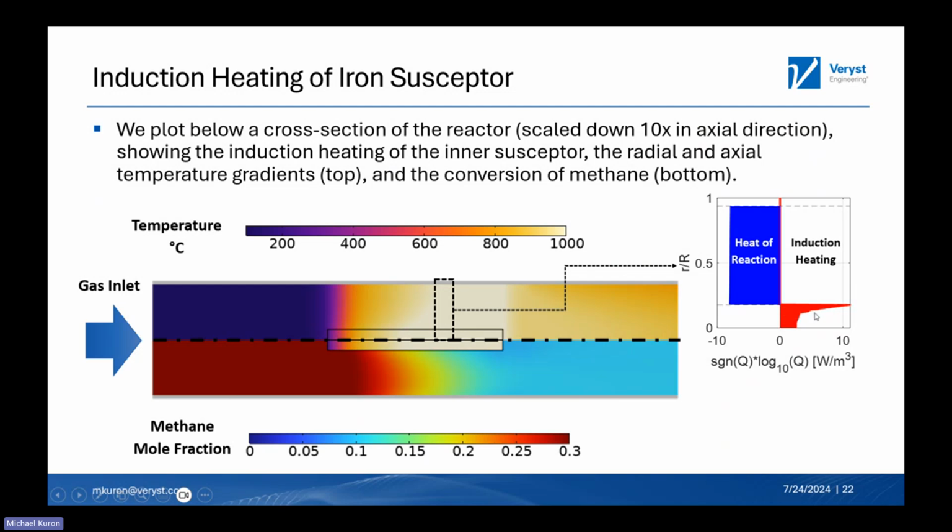So you have a sharp collection of the heat generation rate near the surface of the susceptor, and that balances the heat of reaction, which occurs distributed through the porous catalyst bed. So this certainly improves system performance: the uniformity of the temperature field and the overall conversion rate of methane, because the temperature is much more uniform.